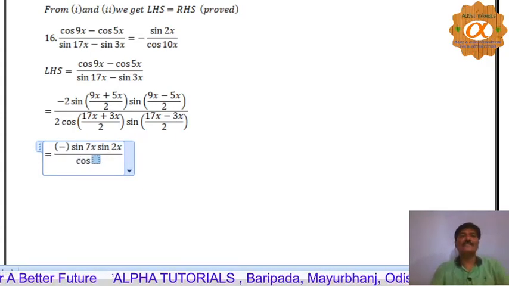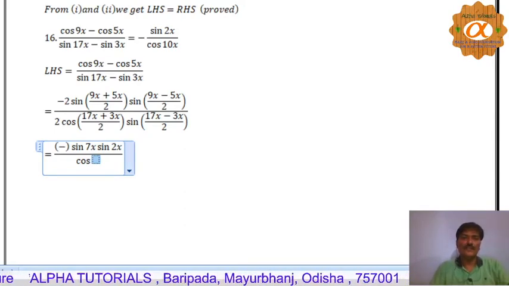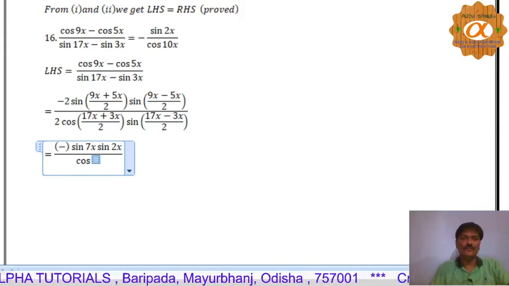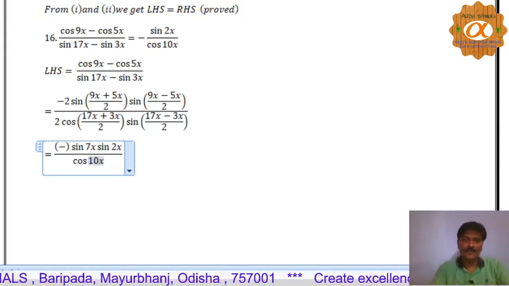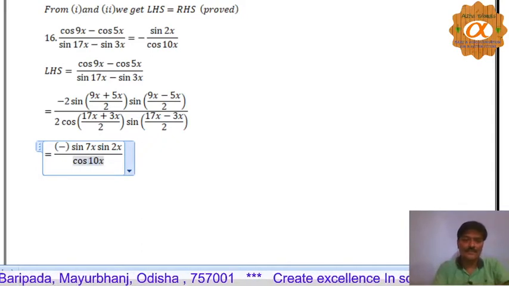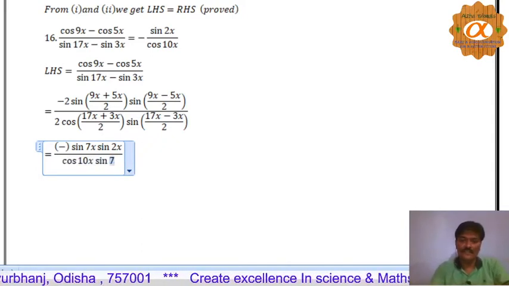Cos 17x plus 3x is equal to 20x by 2 means cos 10x, multiplied by sin 14x by 2, 7x.